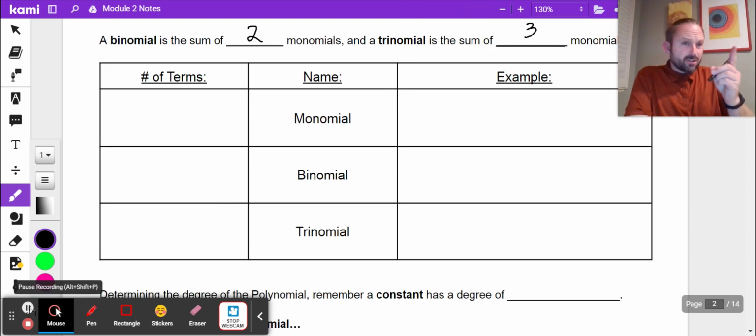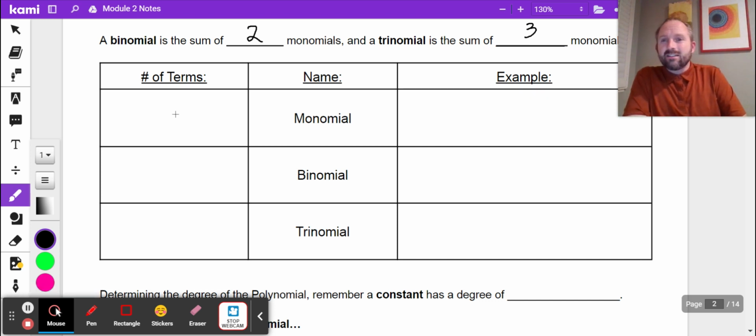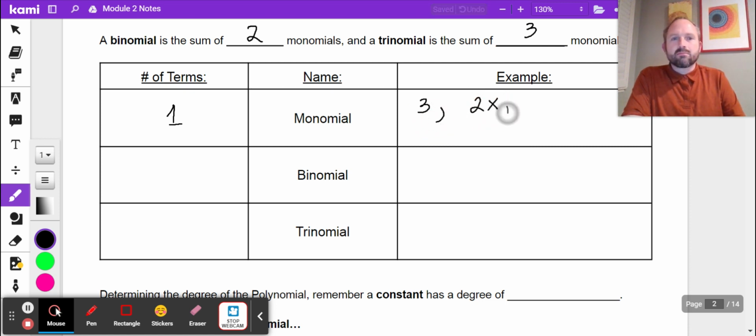All right, so the number of terms for a monomial is going to be 1. So we're at 1. And that could be 3. That could be 2x. That could be 4xy. And that could be 4x squared y. Could be either of those.